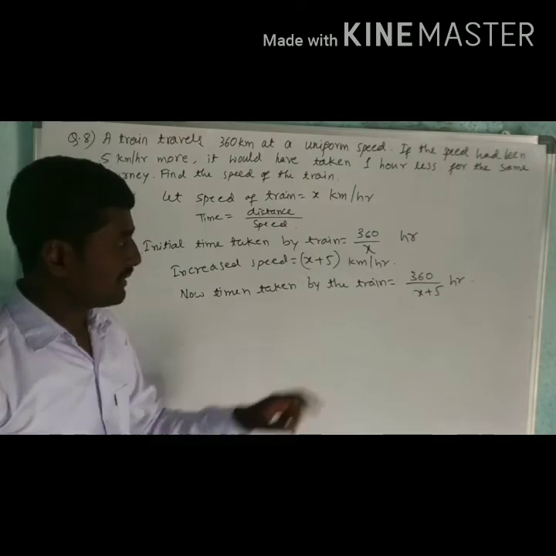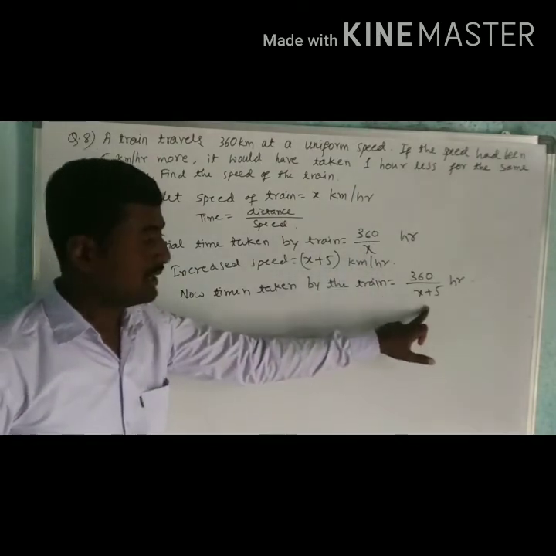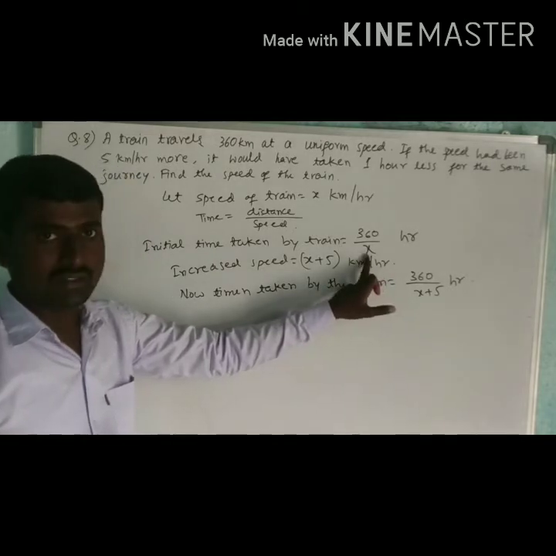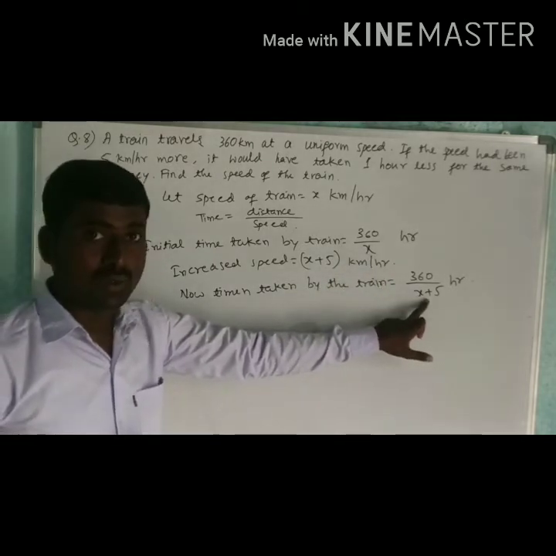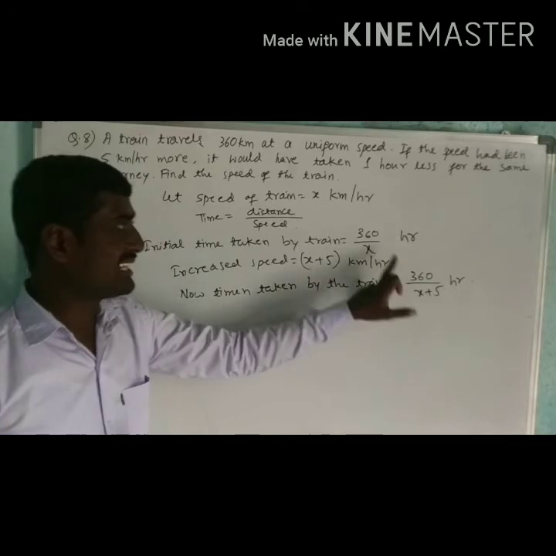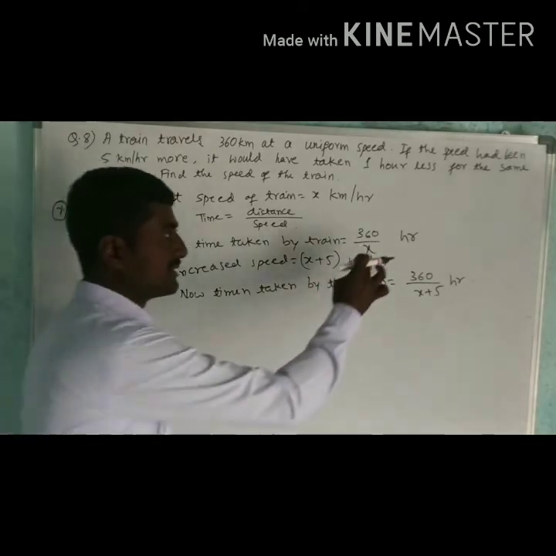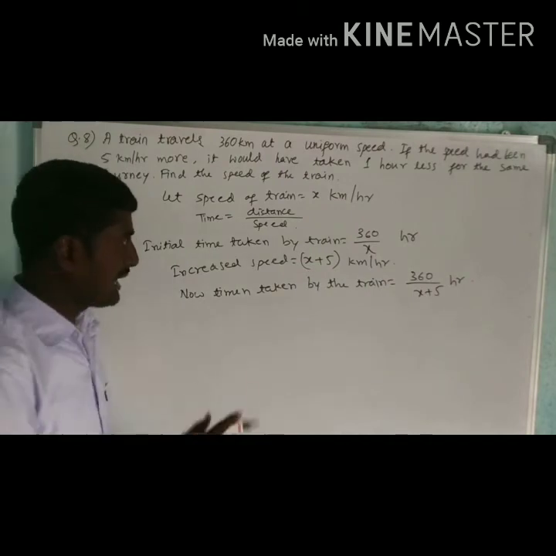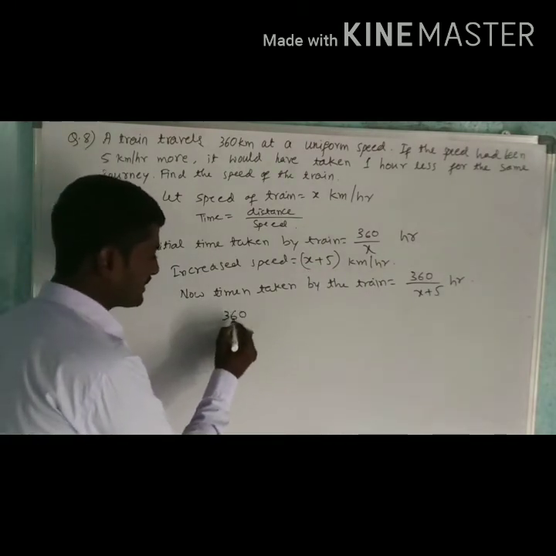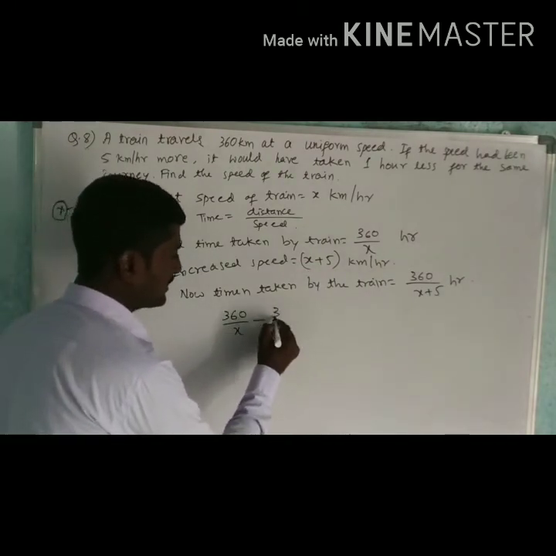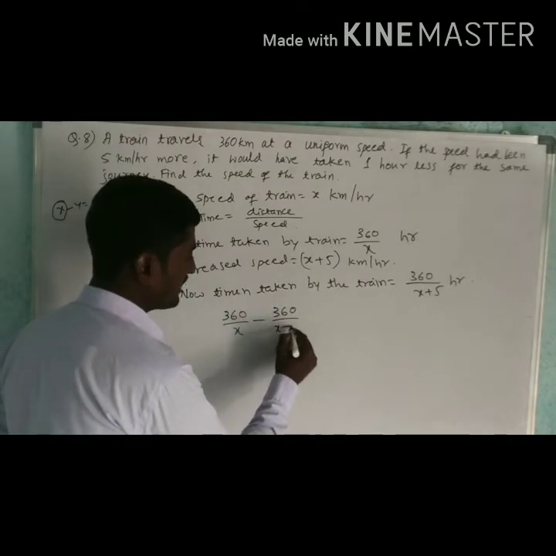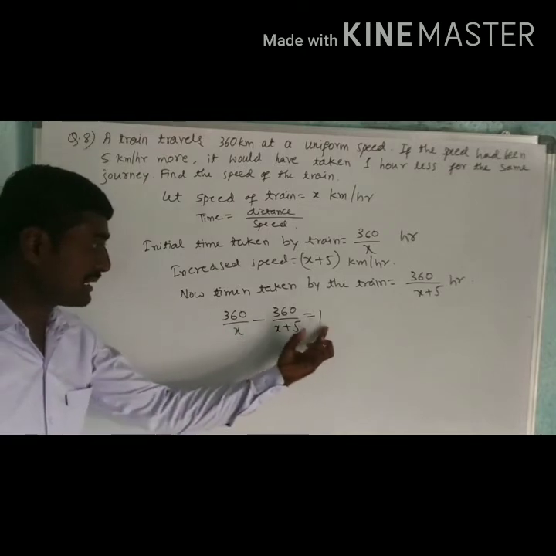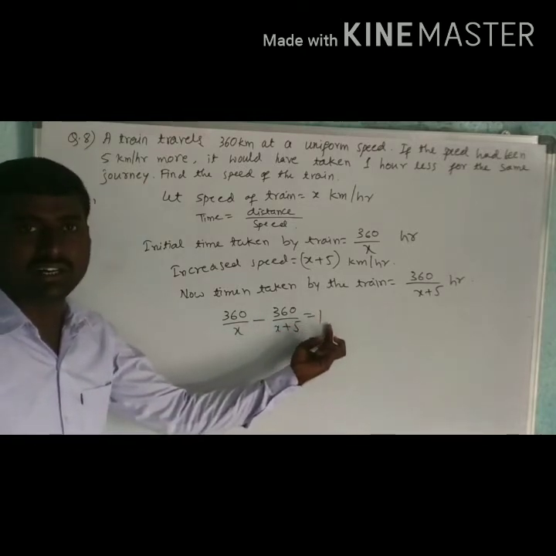Denominator is x here, x plus 5 there. So the denominator is more here than in this one. If the denominator is more, then this value is less. So 360 by x is more than 360 by x plus 5. So I should take first 360 divided by x minus 360 divided by x plus 5 is equal to 1. Difference of their times is equal to 1 hour.